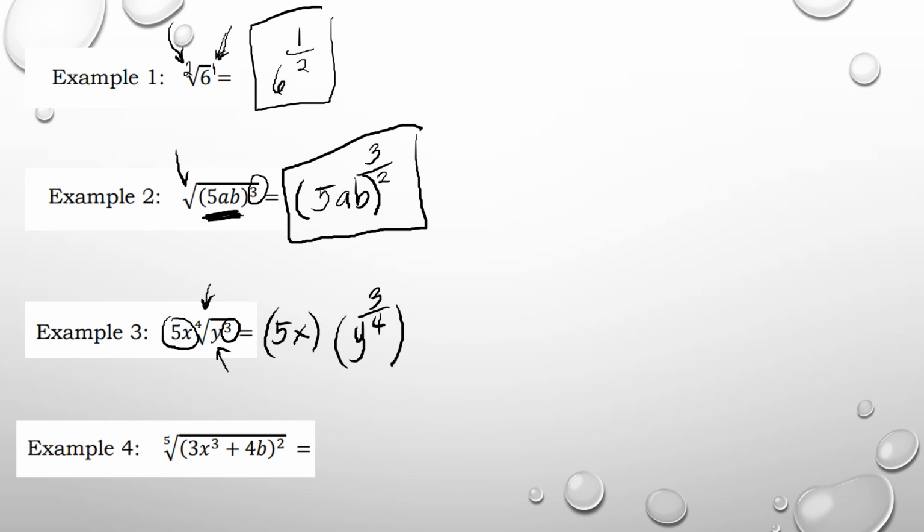So, ngayon, ang gagawin natin is to simplify the expression. So, 5x times y raised to 3 over 4 would be equal to 5x y raised to 3 over 4. So, yung exponent natin dito ay applicable lamang kay y.